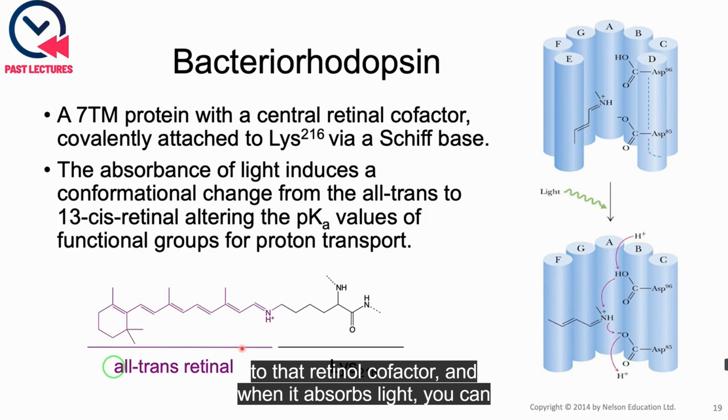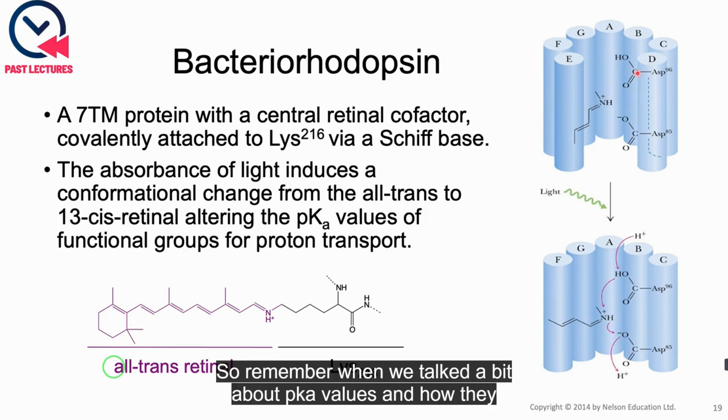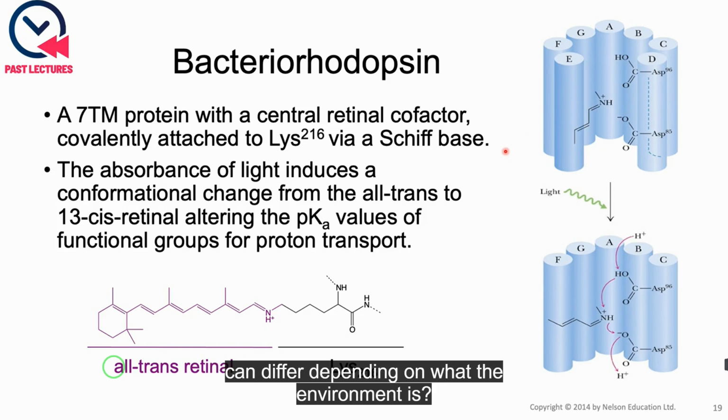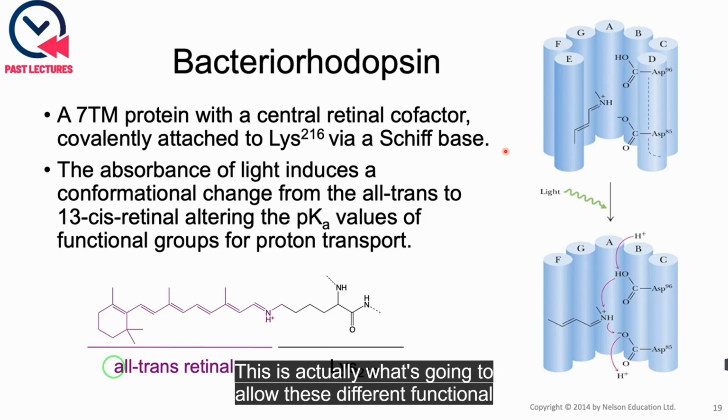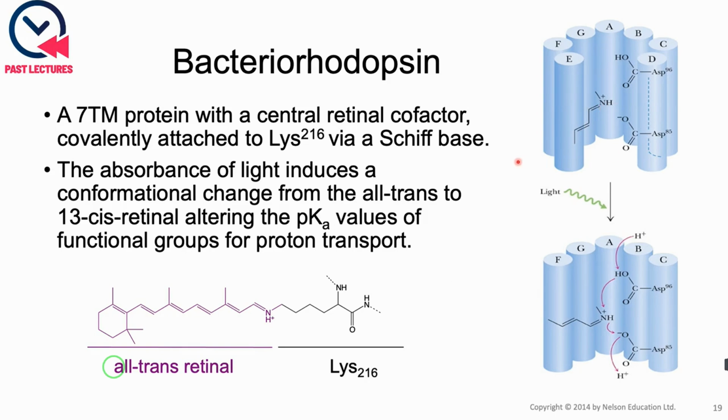And when it absorbs light, you can see that this chromophore has lots of double bonds, and you'll actually get a change in its structure that's going to affect nearby amino acid side chains and result in their protonation or deprotonation. So remember when we talked a bit about pKa values and how they can differ depending on what the environment is? This is actually what's going to allow these different functional groups to be protonated or deprotonated and allow for those protons to go across the membrane.